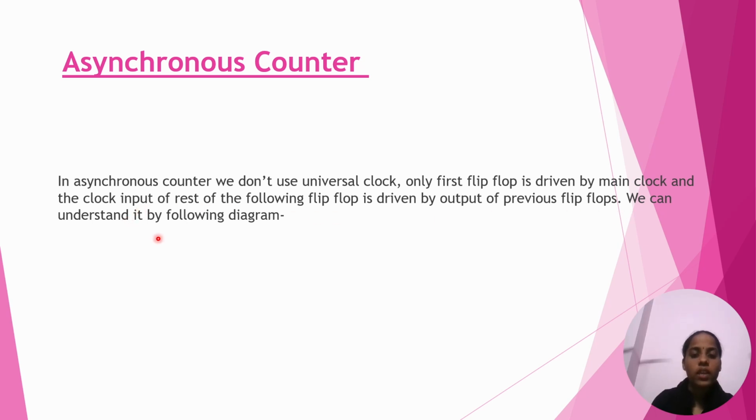We can understand it with the following diagram. The main clock is applied to the first flip-flop, and the first flip-flop output Q is connected to the next flip-flop's clock signal. That means a series connection of clock is used in an asynchronous counter.